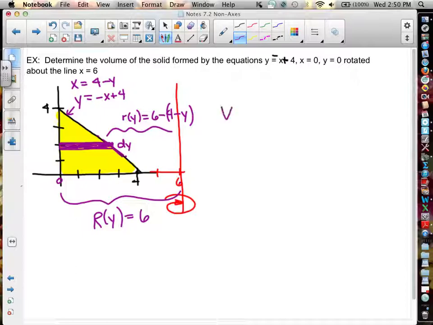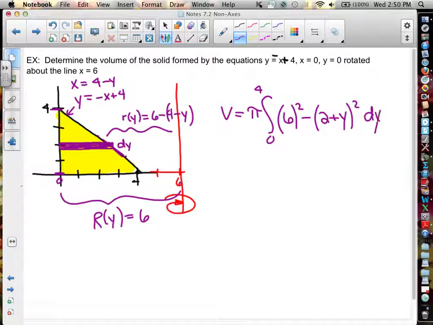So my volume then would be pi, integral where y now ranges from 0 to 4. My big radius was 6. My little radius is 6 minus 4, which is 2. And minus a negative y squared would be plus a y squared.